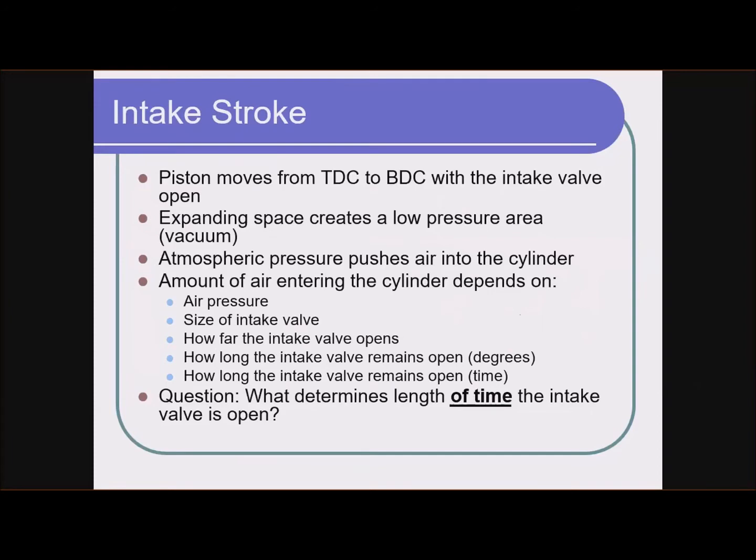So here's when an engine will breathe the best. This is just a kind of oversimplified statement, but it's when the engine is moving relatively slow and the throttle is wide open. So you have very little restriction on the incoming air, and you also have a lot of time for the air to flow in.